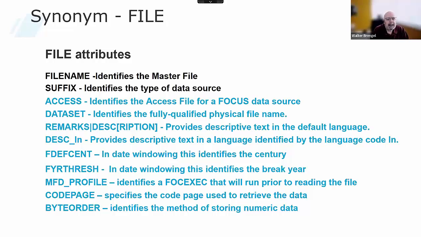If you do things like an MDI, a multi-dimensional index, then you have to tell WebFOCUS where to find the access file that defines what the multi-dimensional index is. If you're doing smart partitioning, any of these more advanced types of things will require an access file. If you have a comma-delimited file, a DFIX file, that will also have an access file which will identify your delimiter and your enclosures, and if you have column titles.